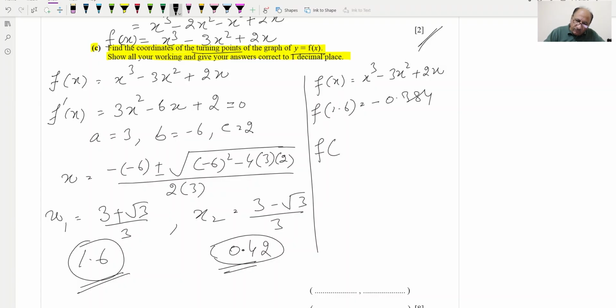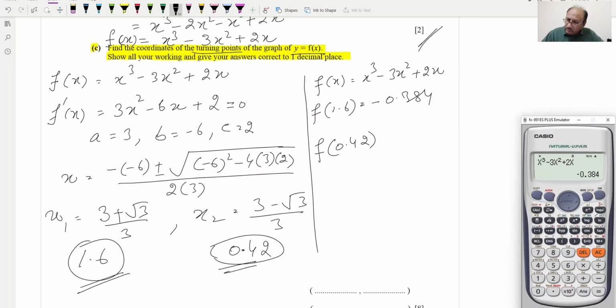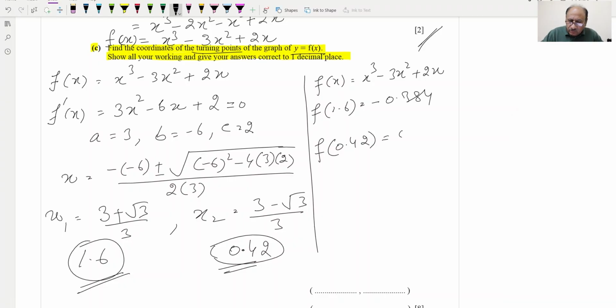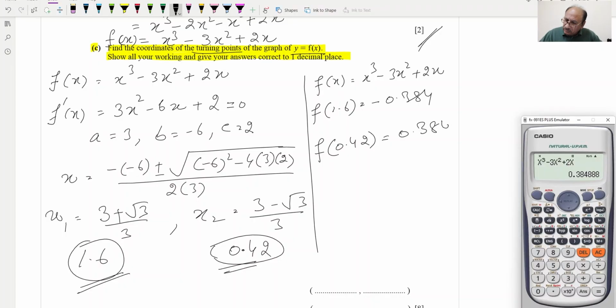And for f of 0.42, we can check that also. Calculate for x is equal to 0.42, and this will be 0.385. We will have to check, basically.